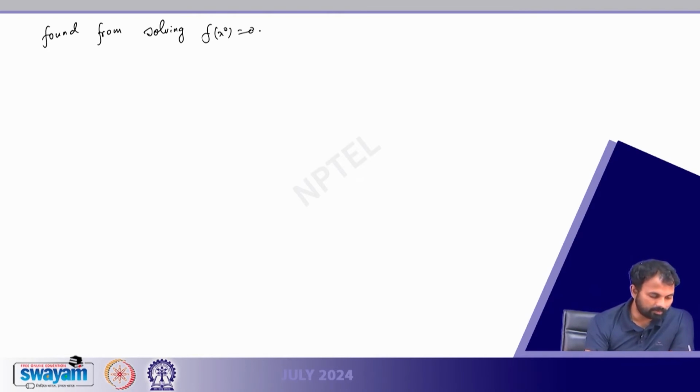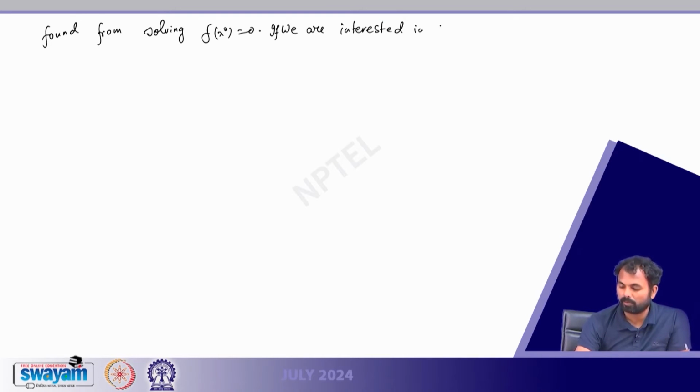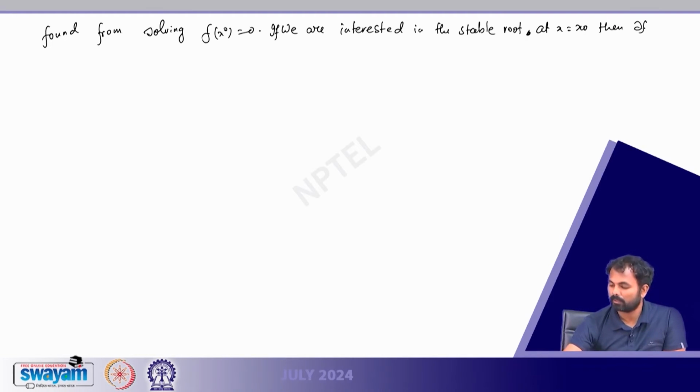So if we are interested in the stable root at x equals x0, then del f del x must be less than 0 at x equals x0, right.